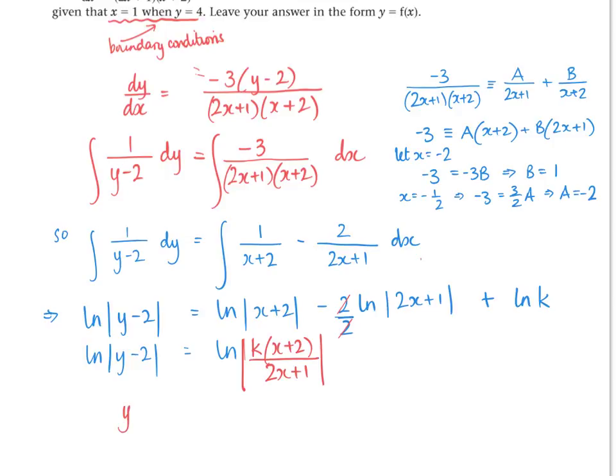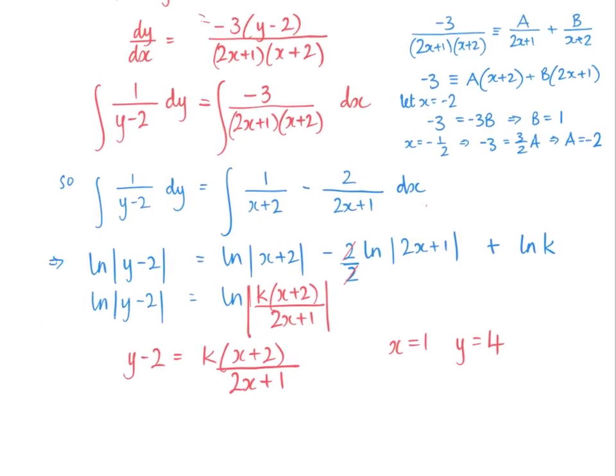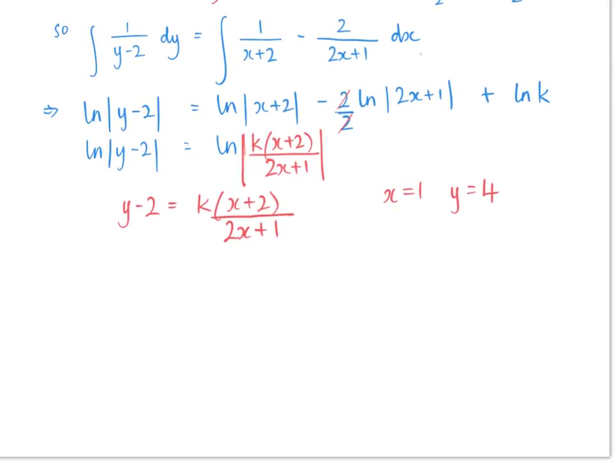So we've got y minus 2 is equal to k times x plus 2 over 2x plus 1. And we've been given our boundary conditions. We've got x is equal to 1, y is equal to 4, and that will allow us to find out what k is. So put these values in, please, and come up with a value for k.